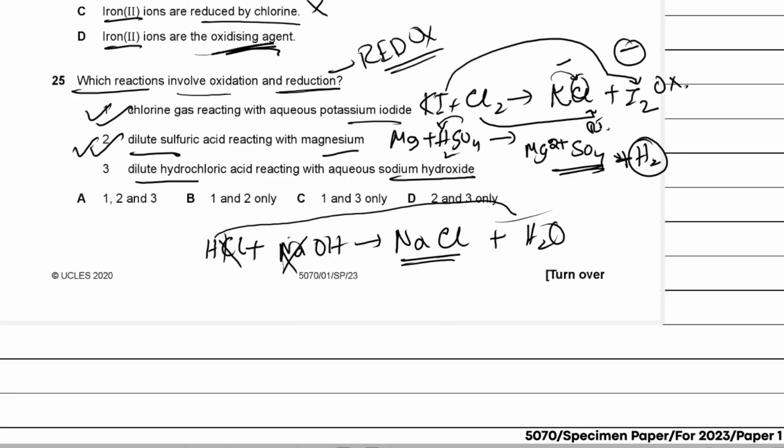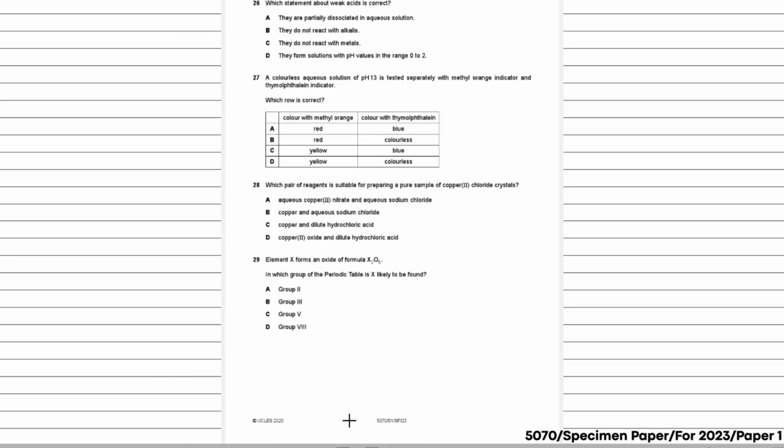So we can see hydrogen is reduced. So that means only reduction occurs. There is no oxidation. So the answer is B, since 1 and 2 are the only redox reactions. In equation 3, only reduction occurs, so that means this is not an answer.